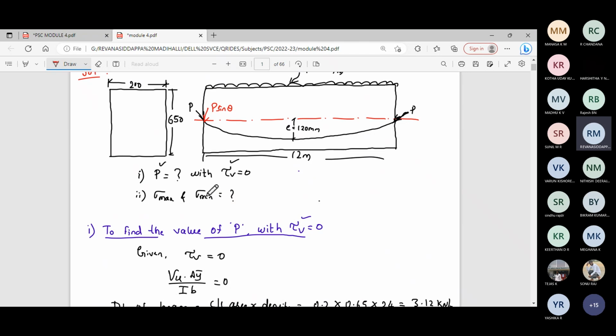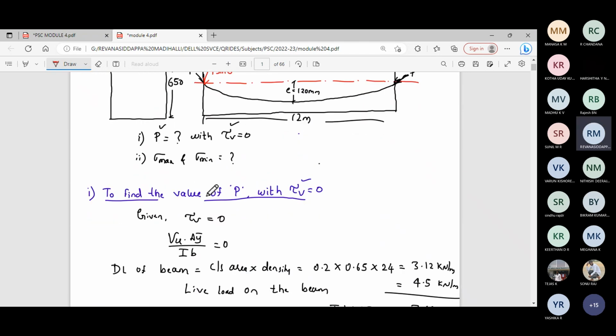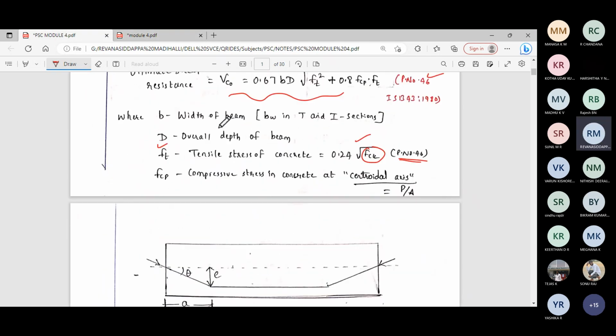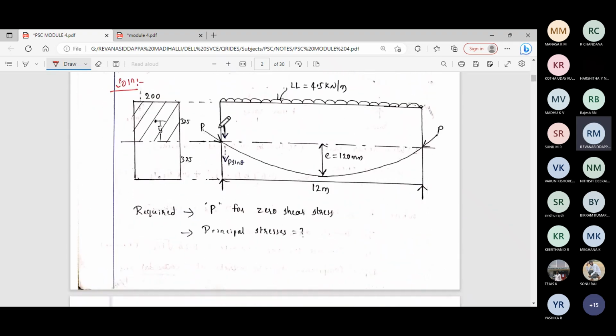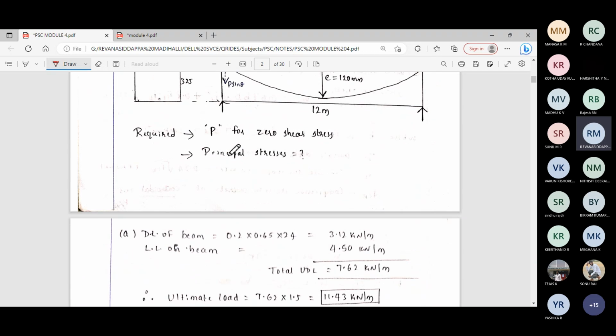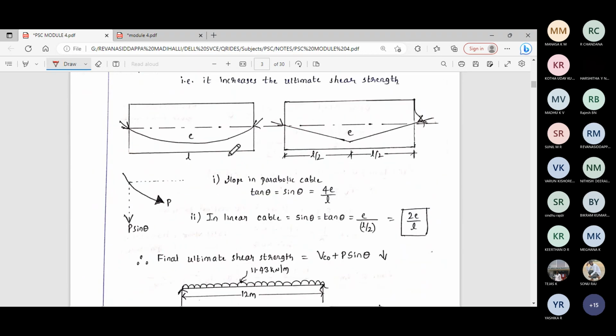Now we need to calculate the vertical component of this pre-stressing force P. There is a standard formula for finding this vertical component. Let me show you. For P sin theta, you just need to remember: if it is a parabola, sin theta is nothing but the slope of the cable.